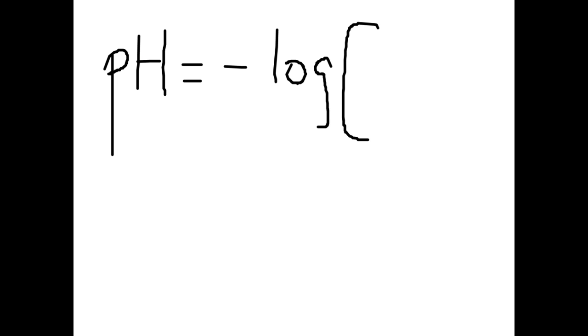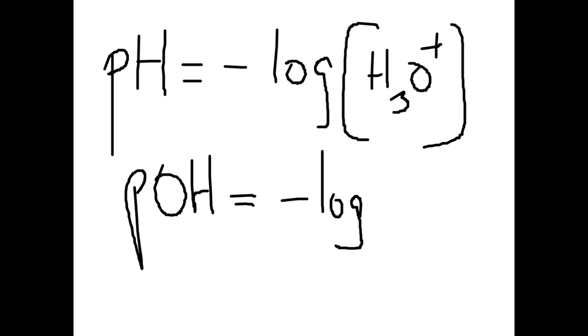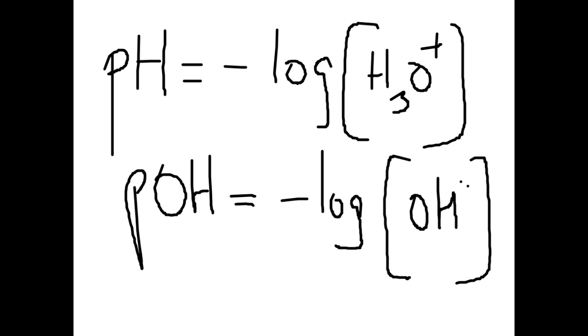So if you find the OH, then you can subtract that from the 14. Exactly. Yes, because if pH is negative log of H3O plus, guess what pOH is? What is pOH? Negative log of what? Of OH. Do you see what I mean?